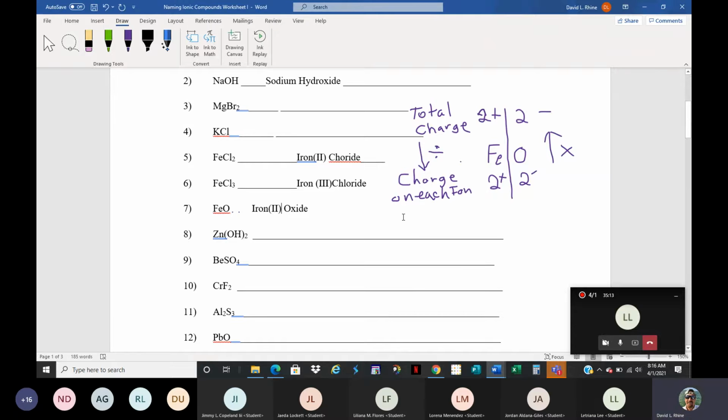Okay, so let's do iron 3 oxide. I'm going to go ahead and type it in here. And then in that case, I'm going to have a subscript of 2 on the iron and a subscript of 3 on the oxide.